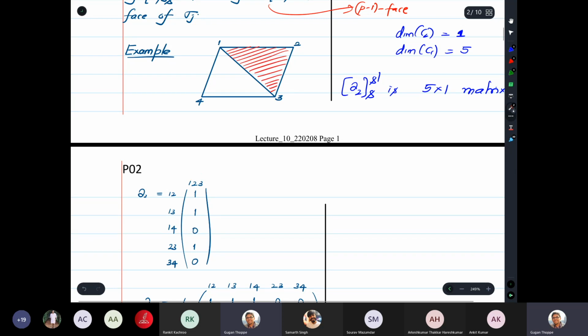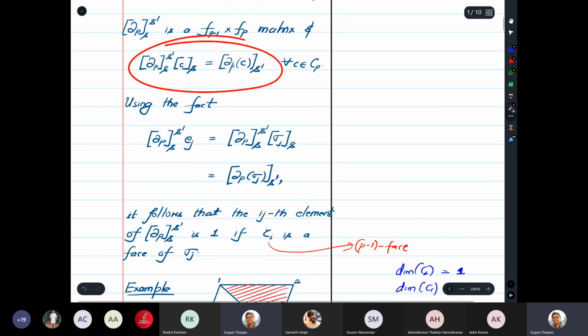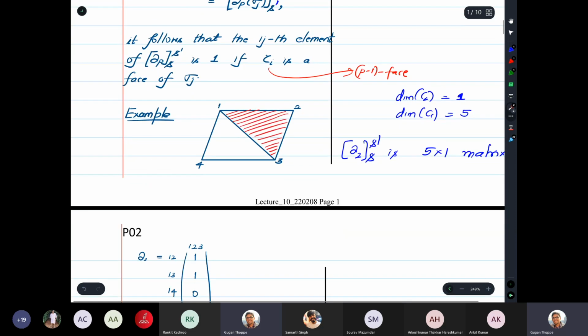Again, I would like to emphasize that memorizing how to put these ones and zeros is more like a high school level. In fact, I don't even encourage it at high schools. I want you to understand why we get these ones and zeros. The answer to that comes from this relationship over here. So please don't just memorize some rule.